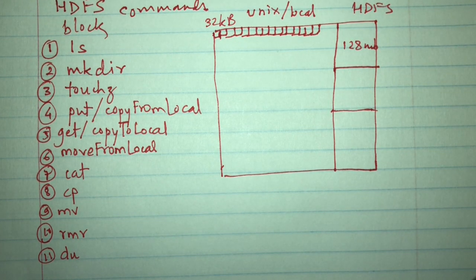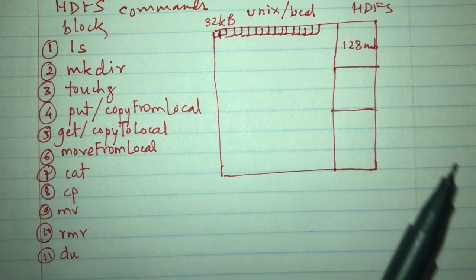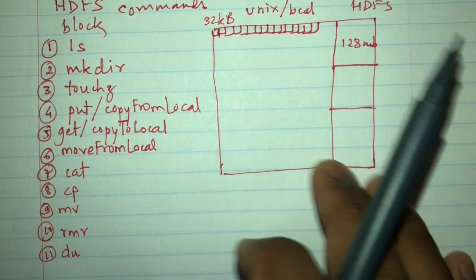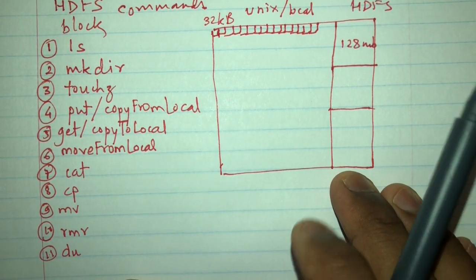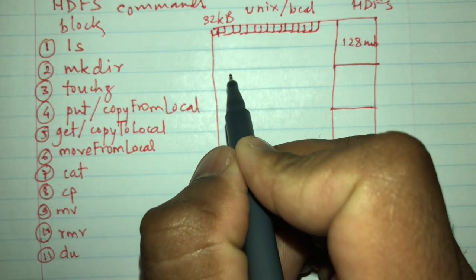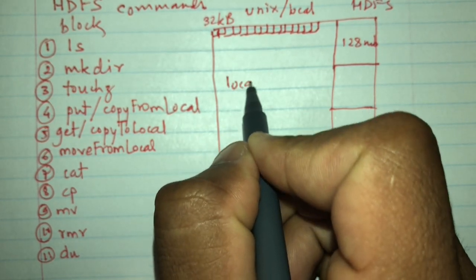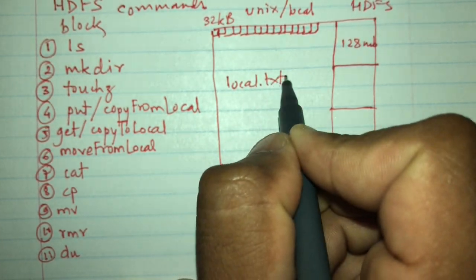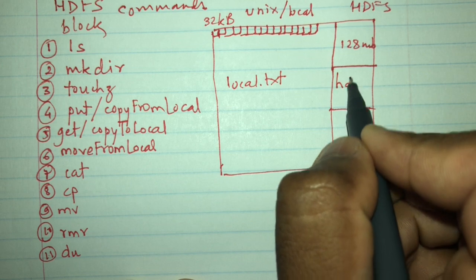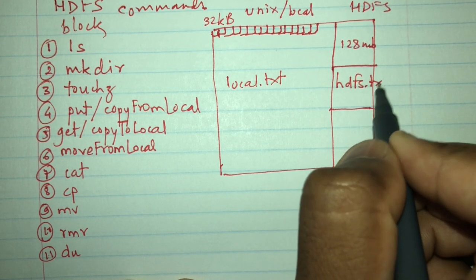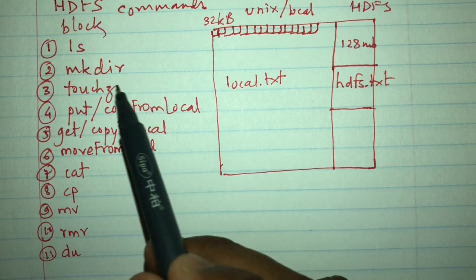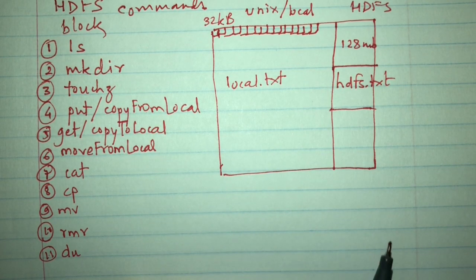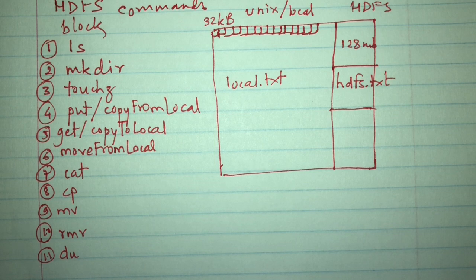So if this concept is clear, I would like to explain all these commands, and then we will see the difference. For example, let's say local has a file called local.txt, and HDFS already has a file hdfs.txt. Or let's say we used the touch command to create local.txt and the touchz command to create hdfs.txt.